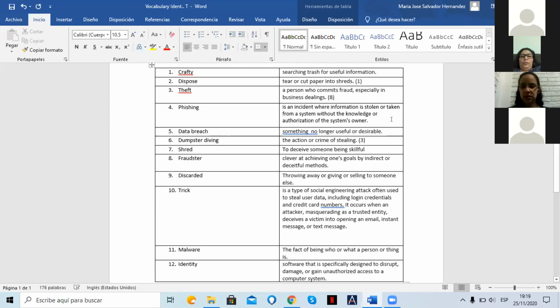That is malware, number 11. Malware is software that is specially designed to disrupt, damage, or gain unauthorized access to a computer system. Phishing is an incident where information is stolen or taken.